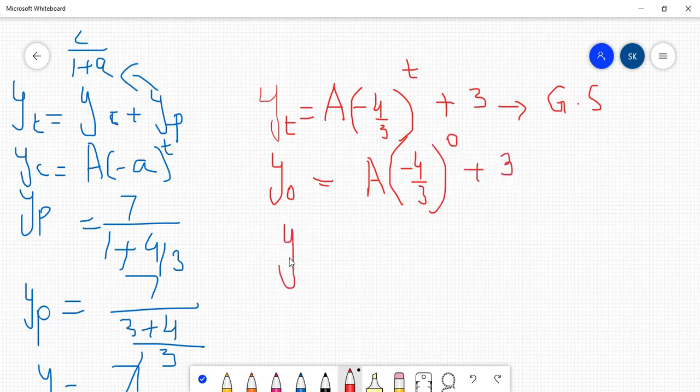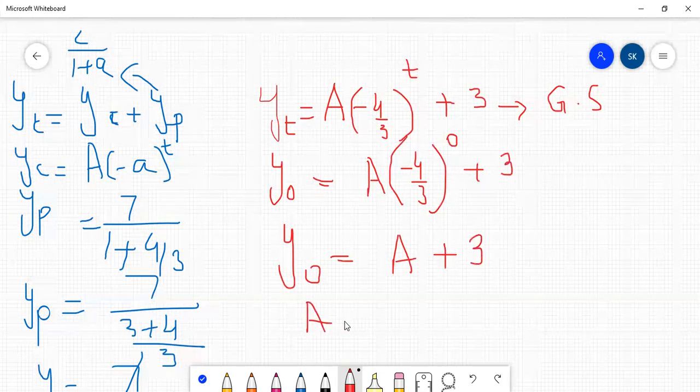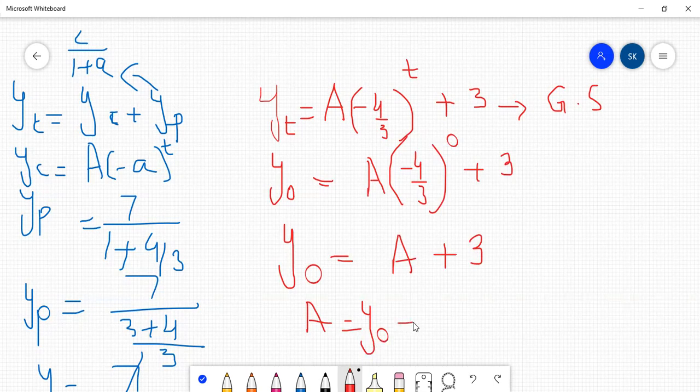So y of 0 is equal to a plus 3. If y of 0 is equal to a plus 3, it means that a is equal to y of 0 minus 3. Substitute this value of a in this particular equation.